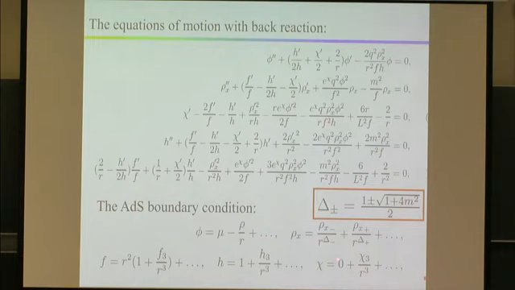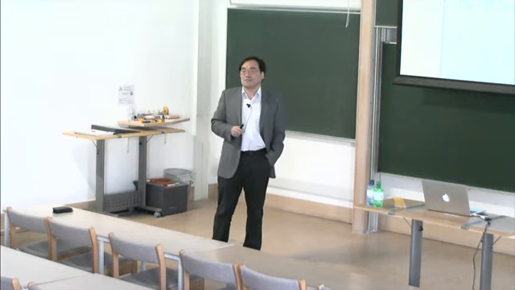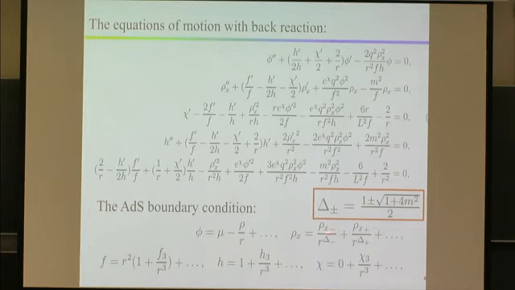Delta minus and delta plus are the dimensions of the operators, given by this one. Since we want the U1 symmetry to be spontaneously broken, according to the AdS/CFT dictionary, this term is a source. So we drop this term and set this value equal to 0 when we solve the equations of motion at the AdS boundary. Then the three metric functions behave like this at the AdS boundary. Here F3, H3, and Chi3 are constants.